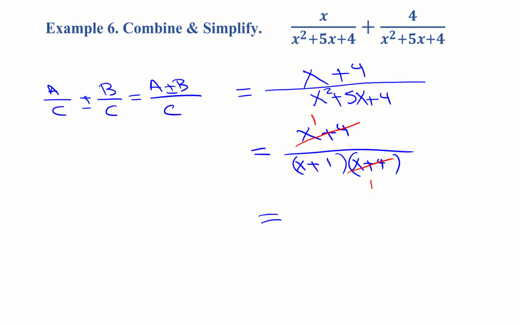A 1 here too, but that one is going to get absorbed once we multiply it by x plus 1. So we basically end up with 1 over x plus 1. That's how you handle a problem like that. Simple, but still requires fundamental skills.